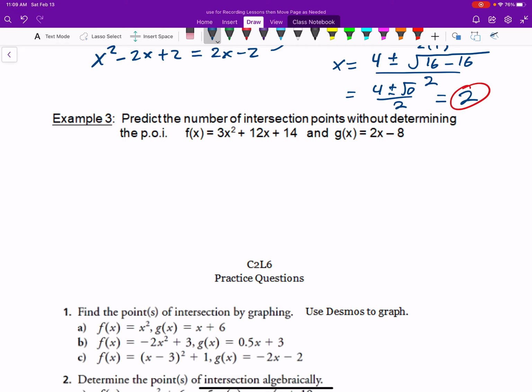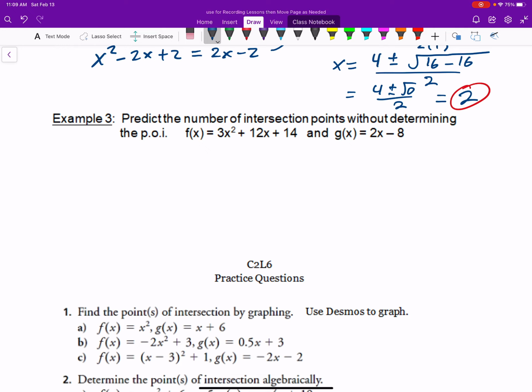Predict the number of intersection points without determining the POI. Well, if I'm going to do that, and I assume I'm not supposed to use Desmos, because I think that would be cheating in this case, what springs to mind is, let's put them together into a single quadratic again, and then use a technique we've learned before to find out how many zeros there are of that combined quadratic.